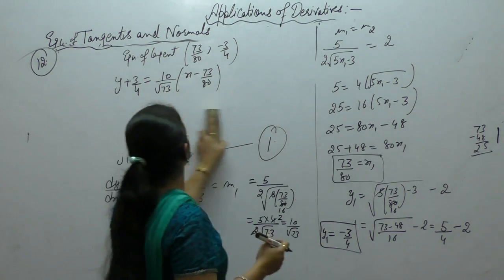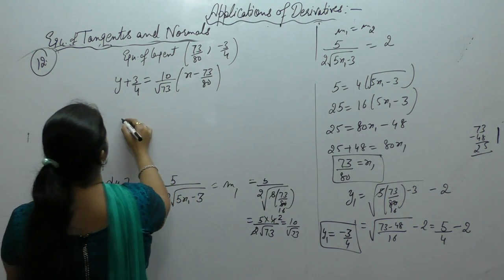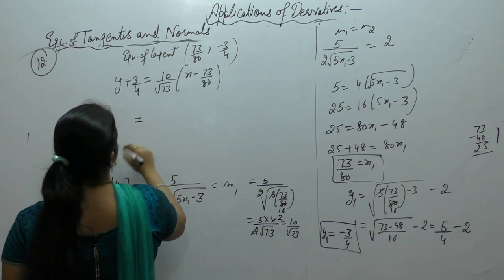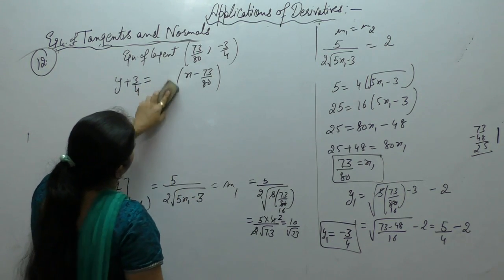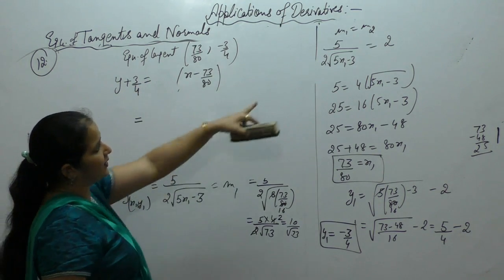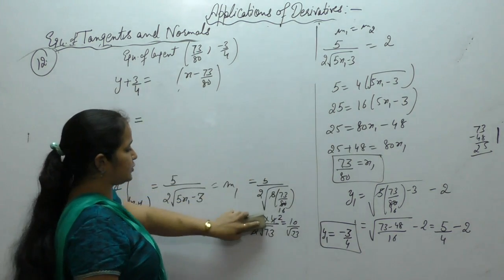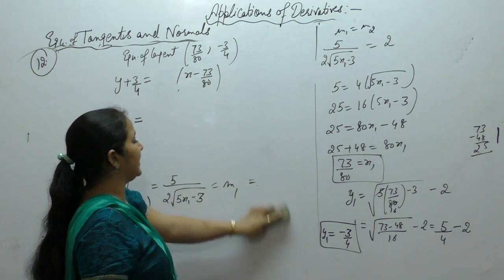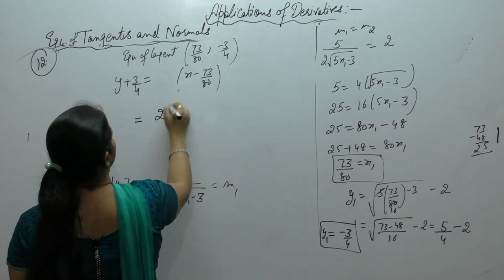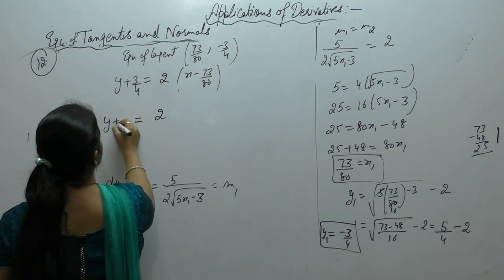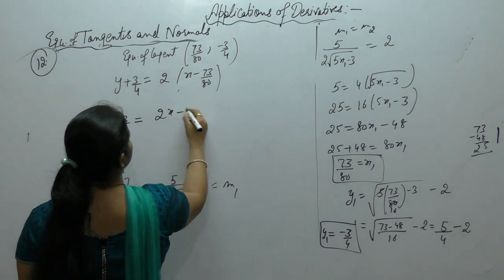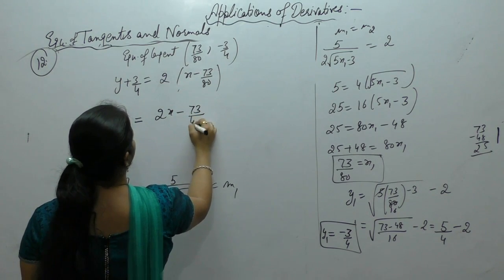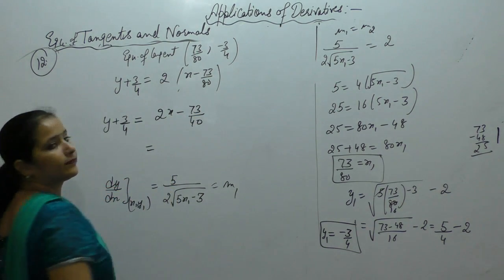Now solve this. We can also write here at (x1, y1) this value is equal to 2, so instead of writing this we can write 2. So y minus y1 equals 2(x minus 73/80). Clear?